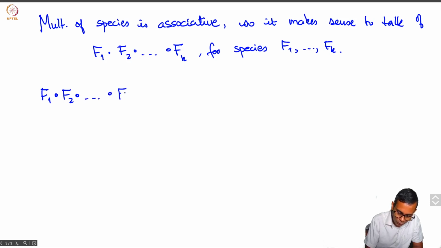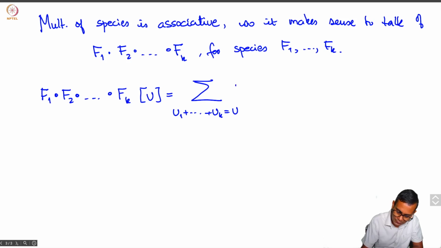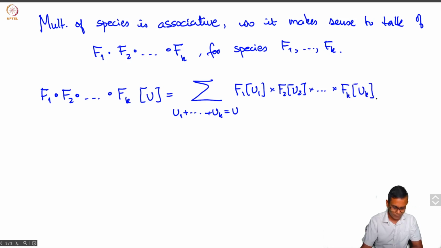An f1 dot f2 dot fk structure on U is given by, firstly, you divide U into k disjoint subsets, partition U into k subsets, put an f1 structure on the first part, an f2 structure on the second part, and so on, an fk structure on the k-th part.